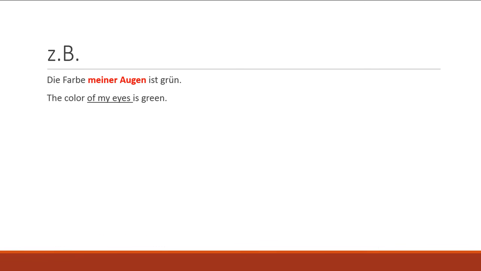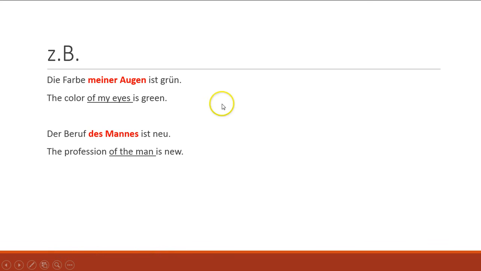Zum Beispiel, die Farbe meiner Augen ist grün. So remember, it's es, er, es, er. Augen is plural, so plural genitive is er. Der Beruf des Mannes ist neu. Mann is masculine.